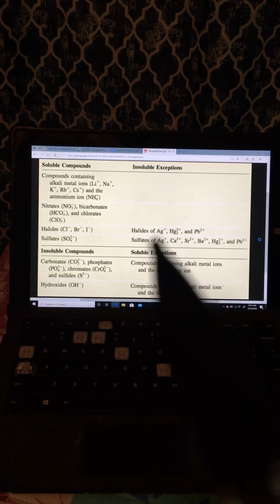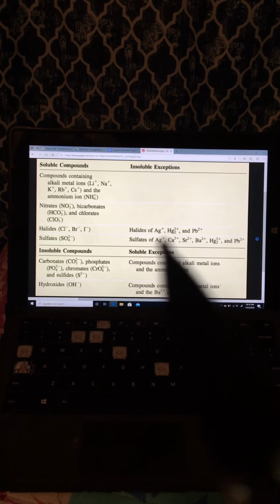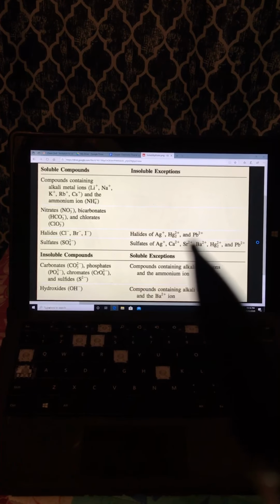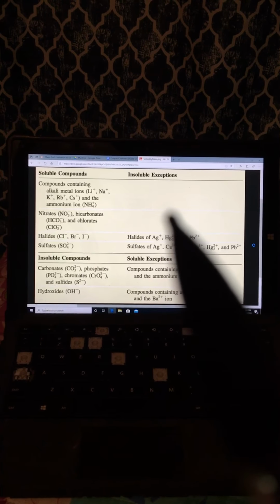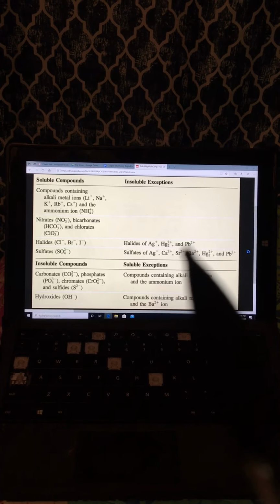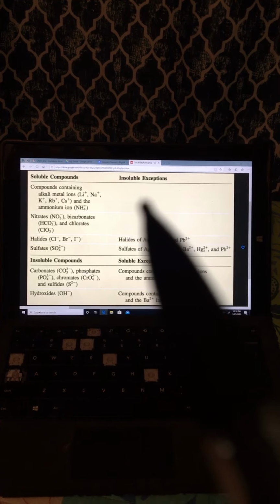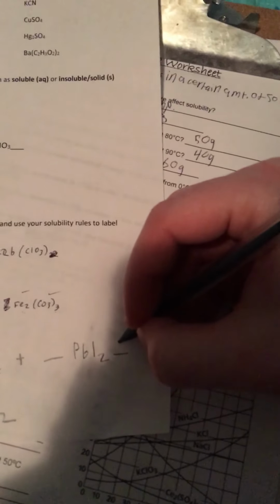Halides containing silver, mercury, or lead, Pb, are insoluble. They are the exceptions to the rule. So since this one contains an I and a Pb, this one is one of the insoluble exceptions. So that means that this is going to be solid, and I'm going to write an S right there.